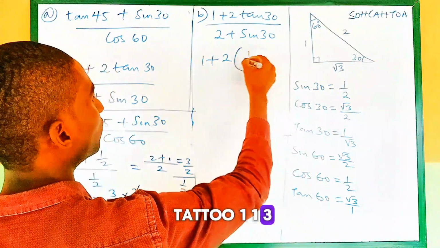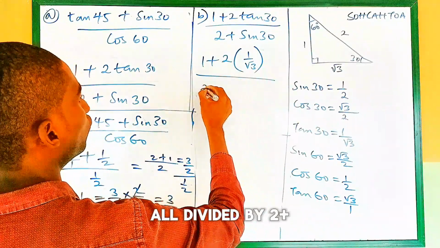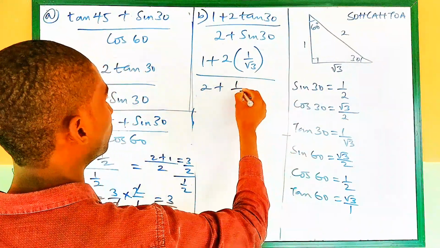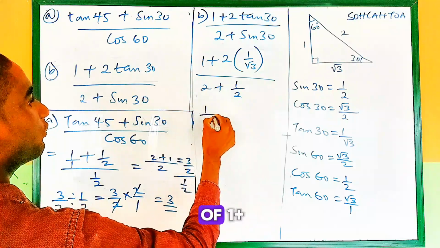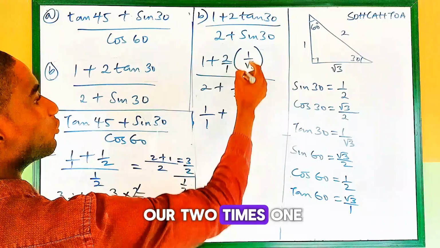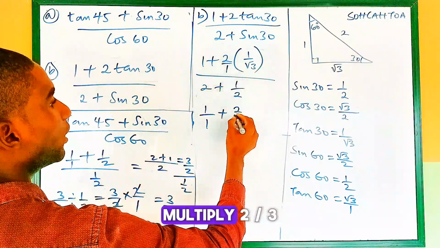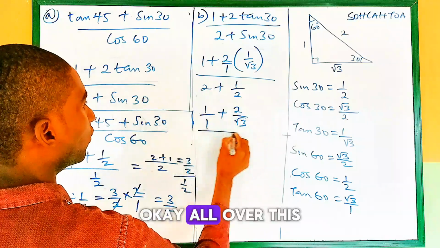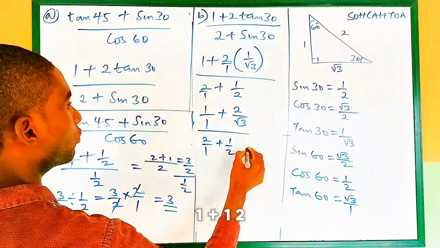What is tan 30? 1 over root 3, all divided by 2 plus sine 30, which is 1 over 2. So you have 1 plus, this is 2 over 1, 2 times 1 is 2. That's the numerator multiply the denominator multiply. 2 divided by root 3, all over 2 over 1 plus 1 over 2.